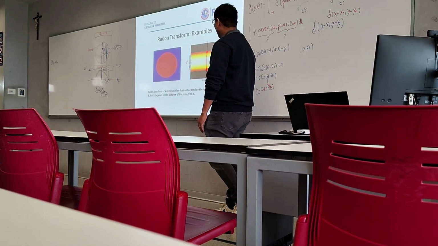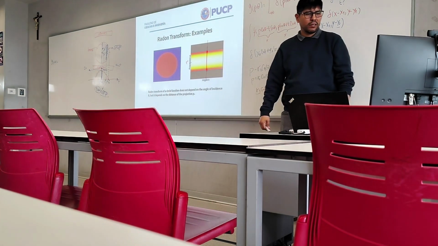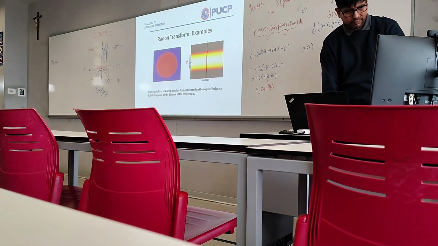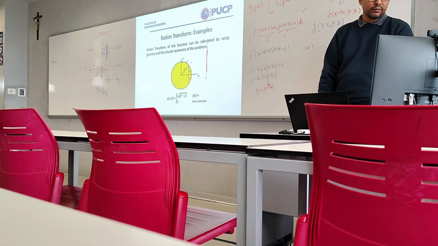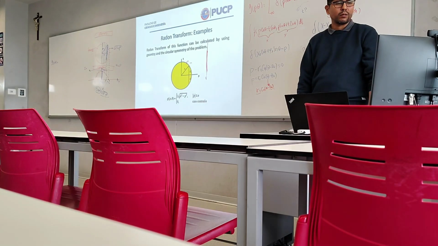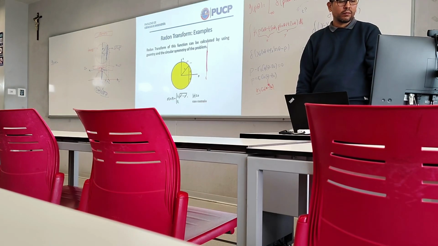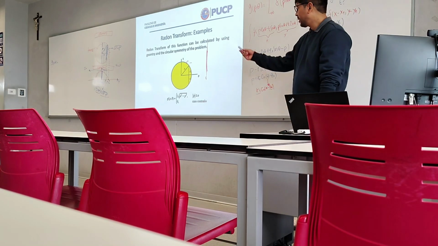So that would be more or less the form in the case of the circle. In this case, the Radon transform can be calculated by using geometry and the circular symmetry of the problem.